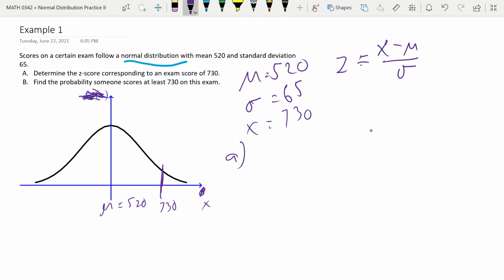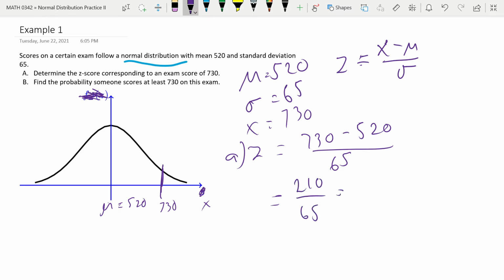Here, if we look at our formula, we just plug things in. So z is going to be equal to x minus mu, so x is 730, minus mu, which is 520, over 65. Let's evaluate the numerator first. 730 minus 520 is 210.